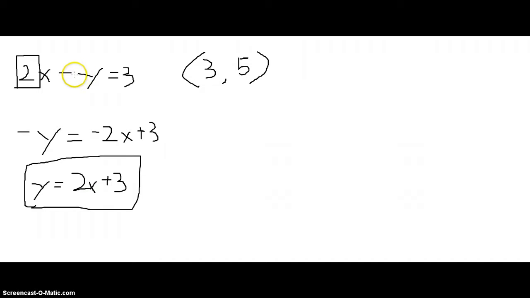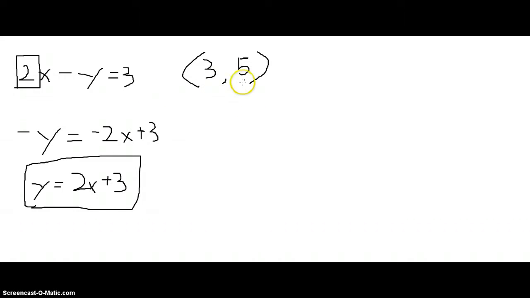For step 2, we use the point-slope form for the equation of this line. So we're going to have y minus y1 equals m times x minus x1.